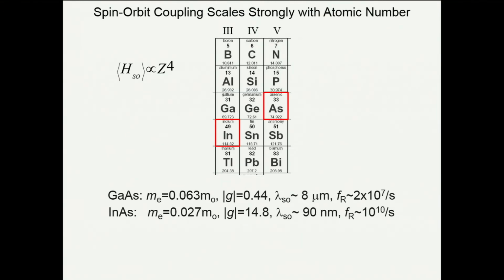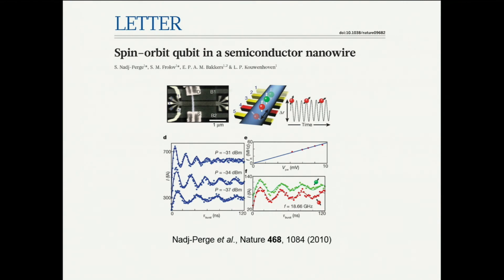You can look at the periodic table and ask, all right, we'll typically work with gallium arsenide. What can we do to increase spin orbit coupling? I can go to heavier elements like indium arsenide or indium antimonide, where the spin orbit coupling is much larger, and you'd expect the Rabi frequency to scale up significantly. So a few years later, this is another paper from the Delft group.